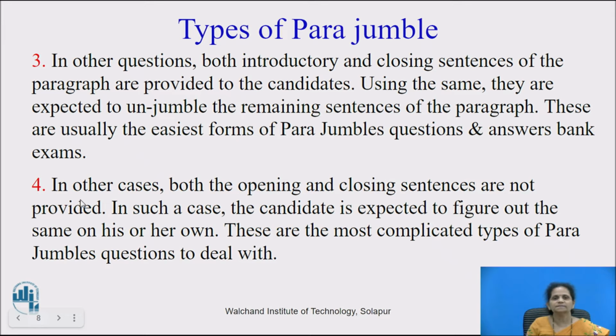And the fourth one: in other cases, both the opening and closing sentences are not provided. In such a case, the candidate is expected to figure out the same on his or her own. These are the most complicated types of para-jumble questions to deal with.